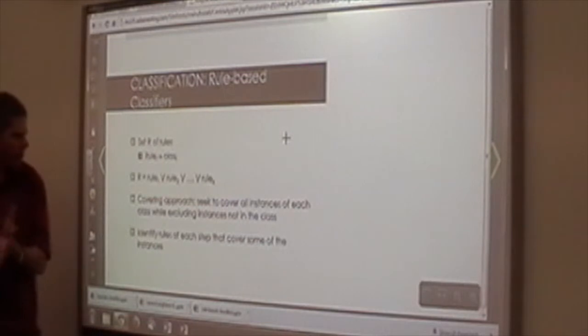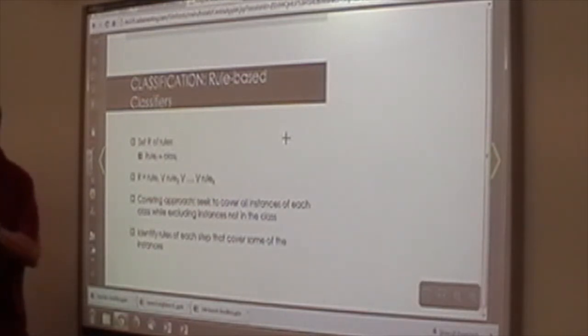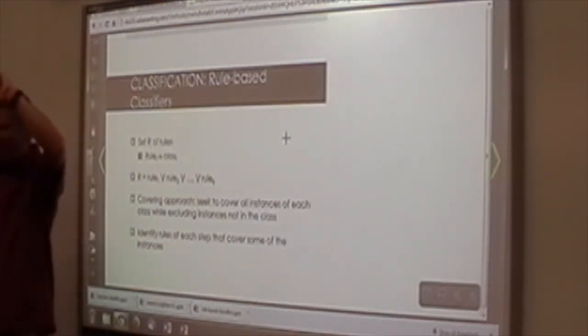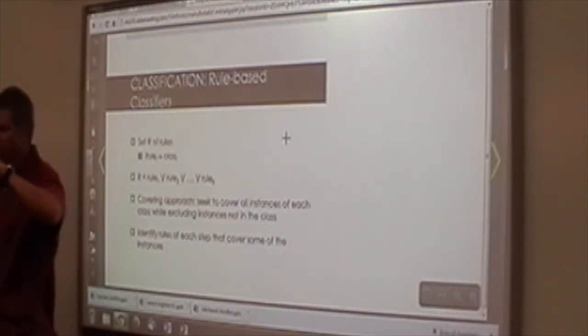The approach we're going to take is a little bit different, and it's called a covering approach. If you remember how we looked at decision trees, we started at a root node and did some things recursively. We're still going to do some things recursively here. Then we would split, and it's called a top-down approach.